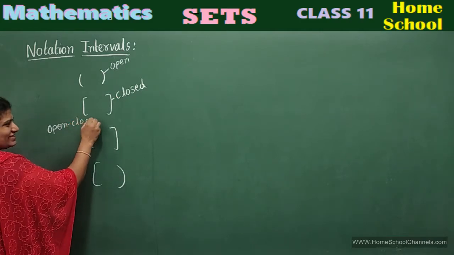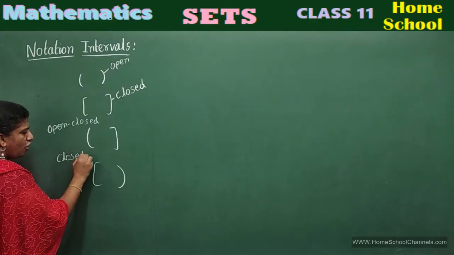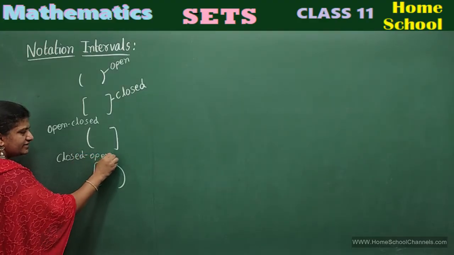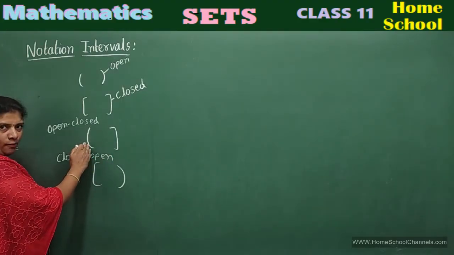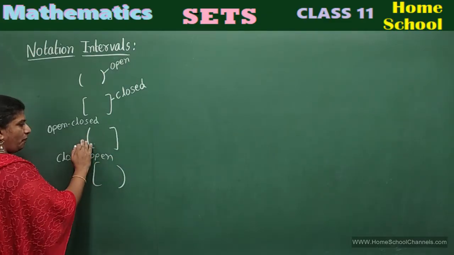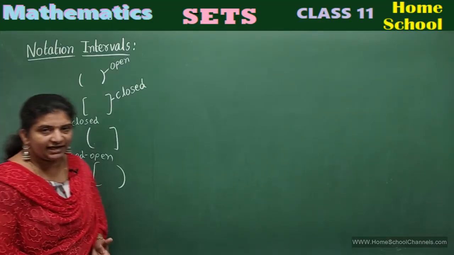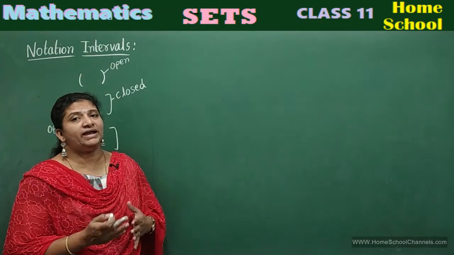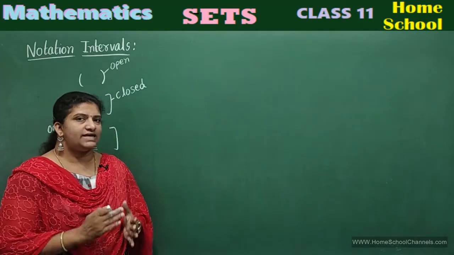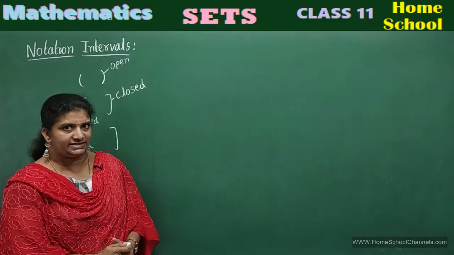Open, closed. And this one, closed, open. Why? See here, one side it is open. Round means open, no? Square means closed. Open, closed, closed, open. Or you can write it as semi-open, semi-closed intervals.